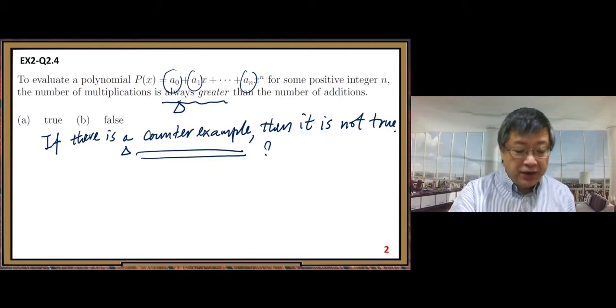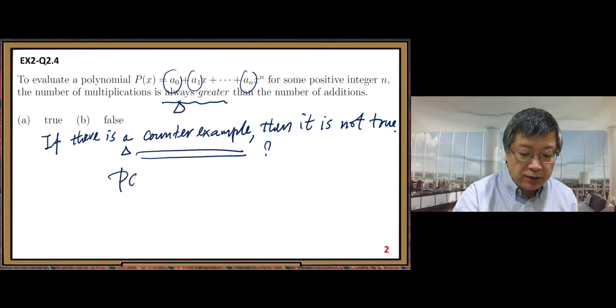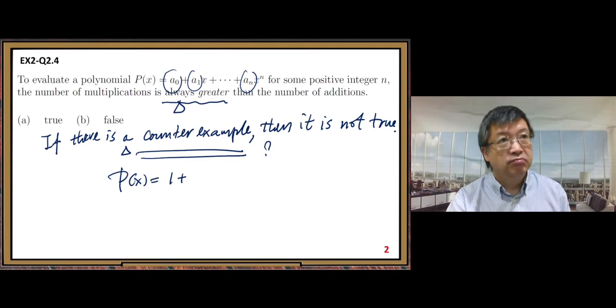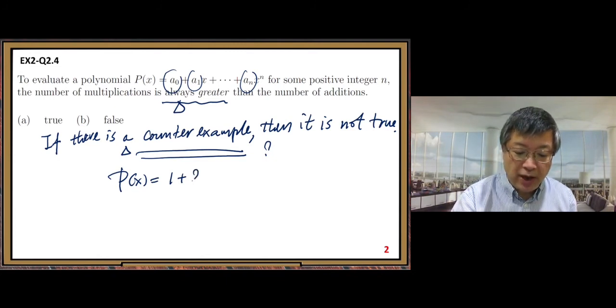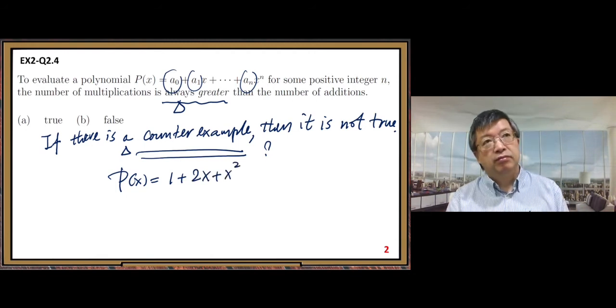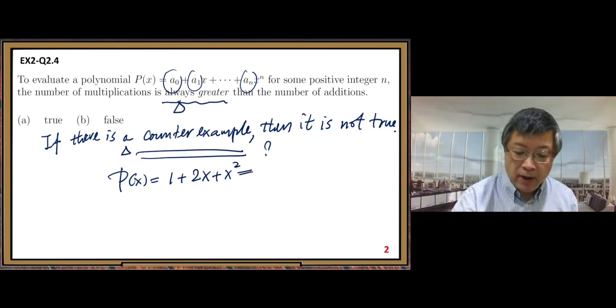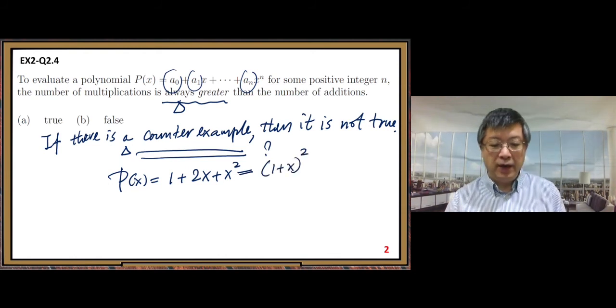So that means you can consider P of x equals 1 plus 2x plus x squared. Can you use this special example? It equals 1 plus x squared.